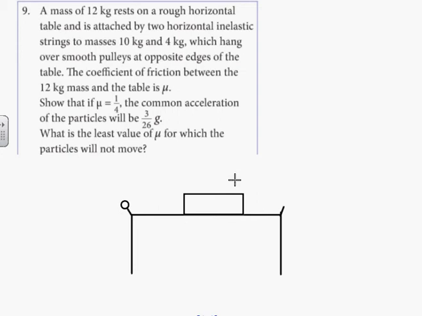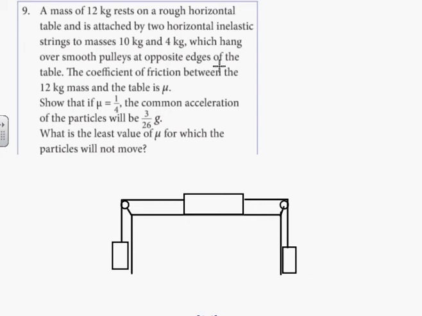So there's one there and there's one there. Okay, so we're going to have two strings. It's going to go over and down, and then this one is also going to go over and down. Then we're going to have two new blocks after that. We'll call them this one here, like so, and this one here.